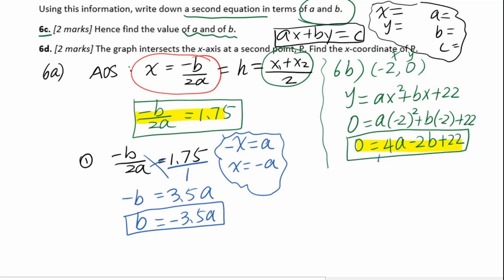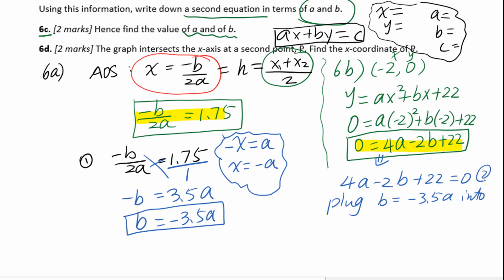Go to this one. I will write down 4a minus 2b plus 22 equal to 0. Let's plug b equals negative 3.5a into equation 2.